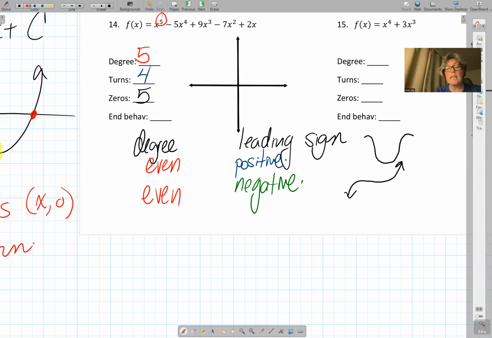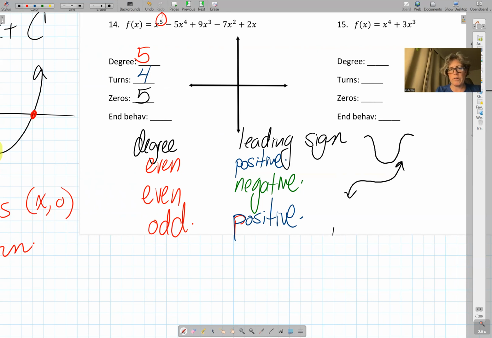If the leading degree or the degree overall is odd and positive, keep the color straight here, odd and positive, then it's going to fall to the left and rise to the right as well.